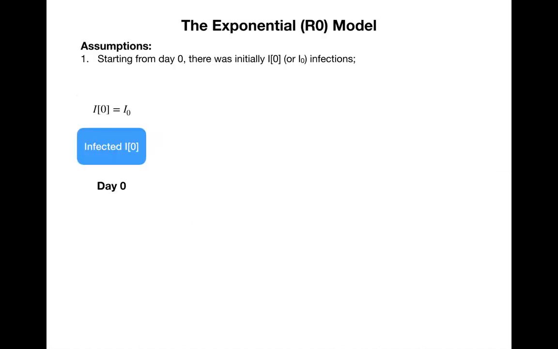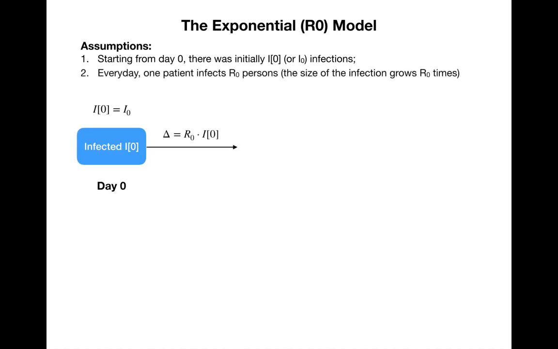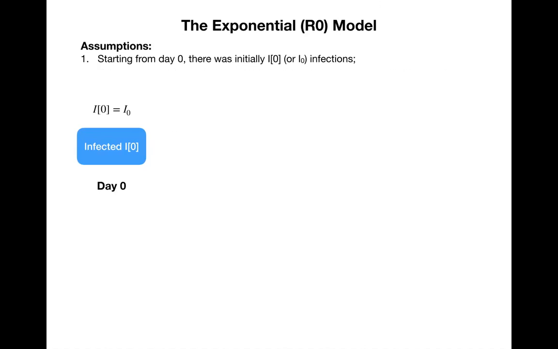Right, so let's start with the exponential model. If you still remember the exponential model, the first assumption is that starting from day 0, we have a number of infected, which is called I0, or I square bracket 0, that's day 0. The assumption is that every day, each patient will infect some amount of new patients, and that ratio is fixed.